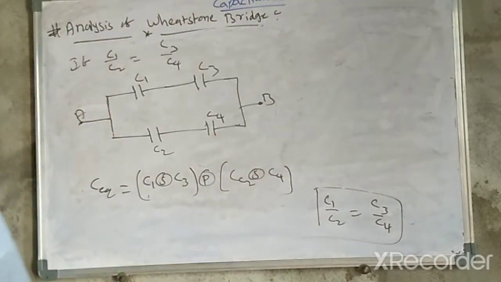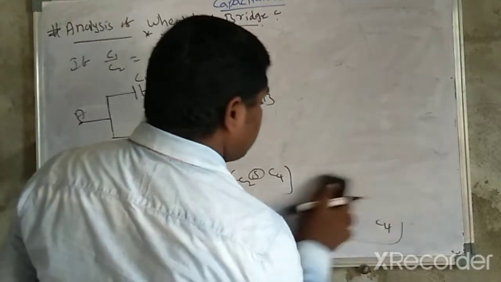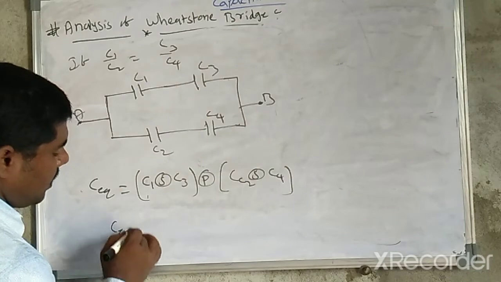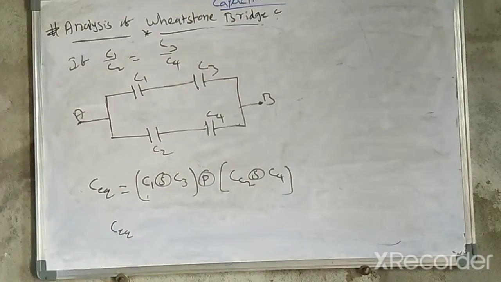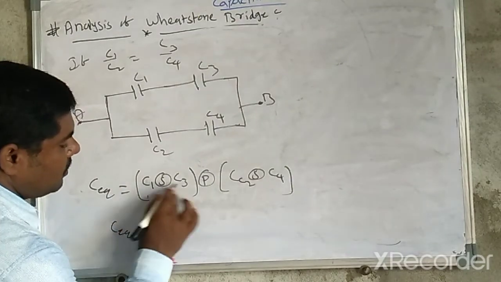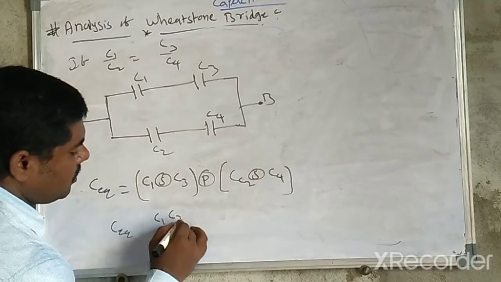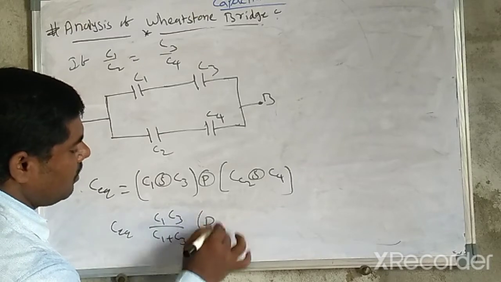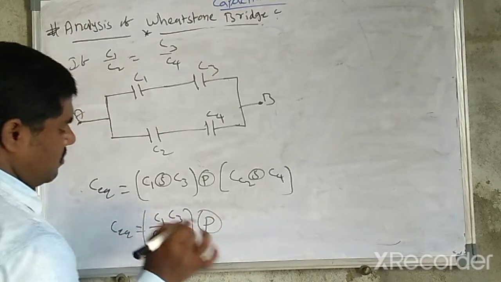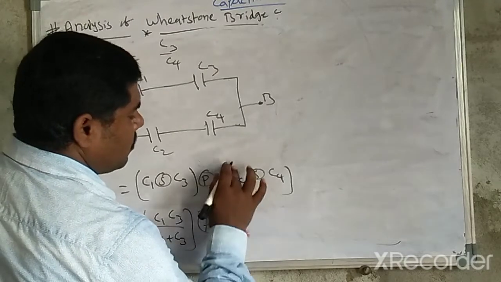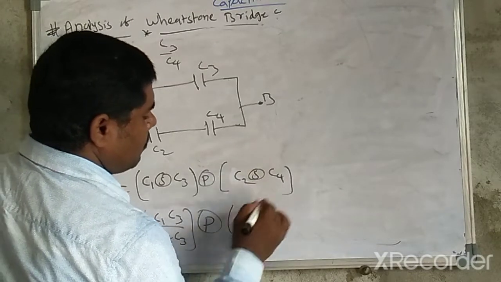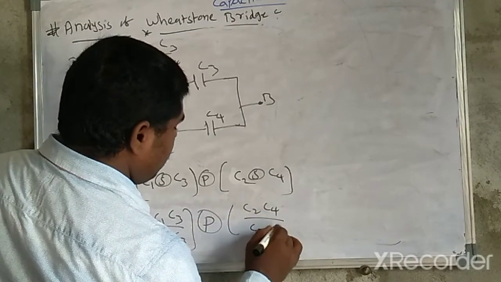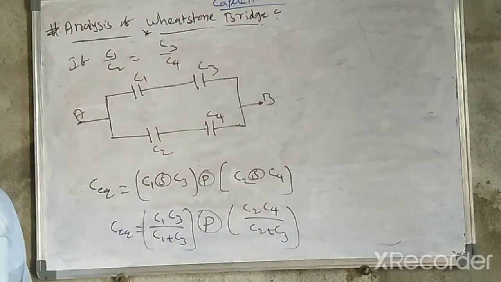In series connection, here the C equivalent is equal to, in series connection, C1 C3 divided by C1 plus C3, then parallel C2 C4 divided by C2 plus C4.